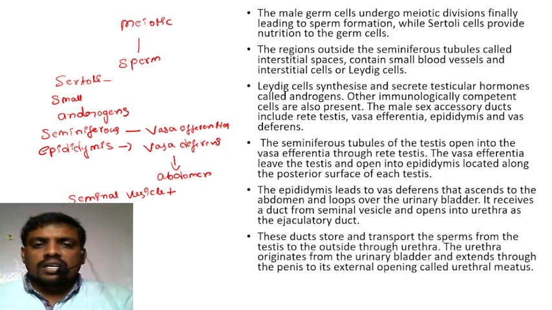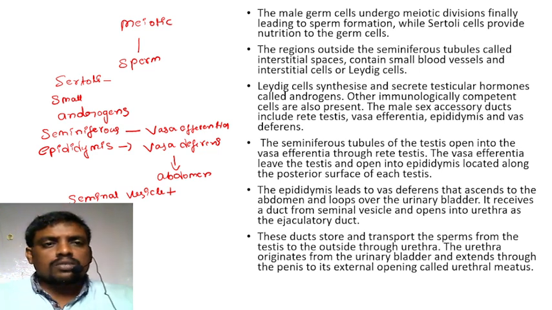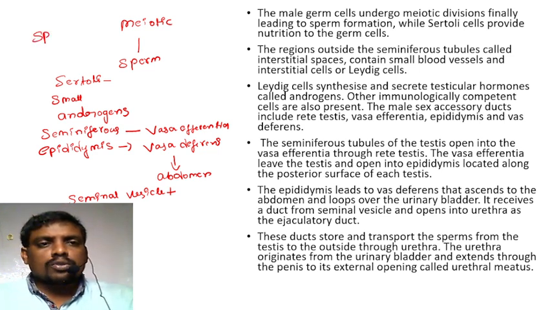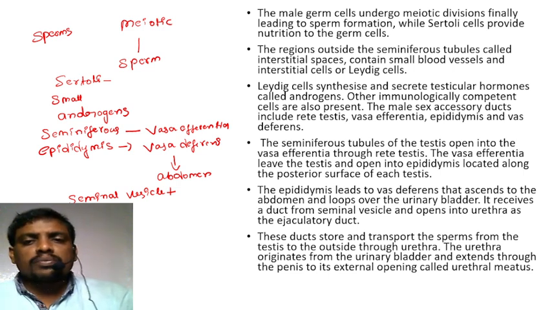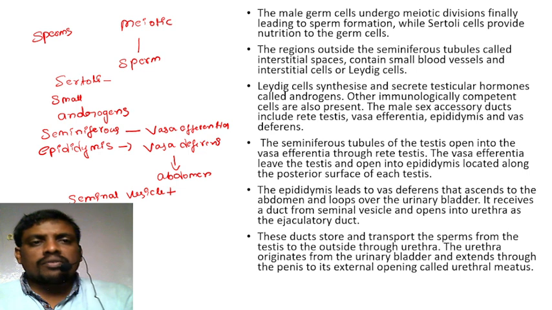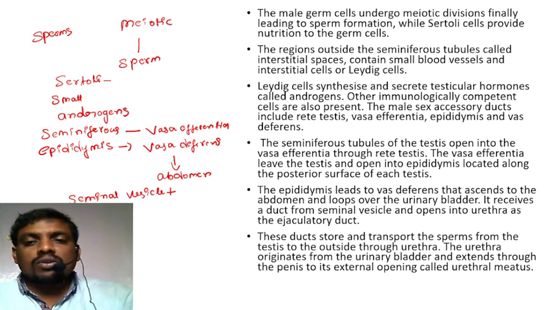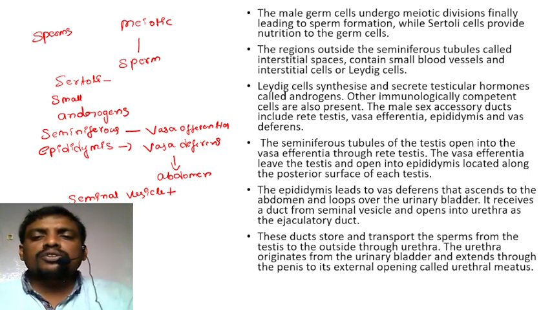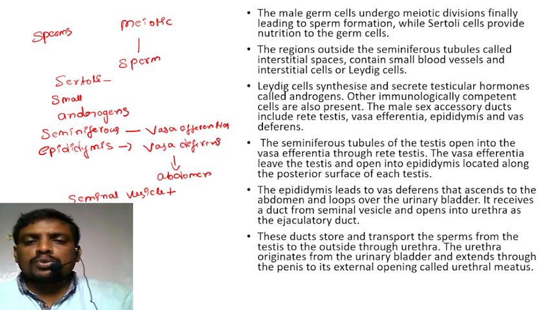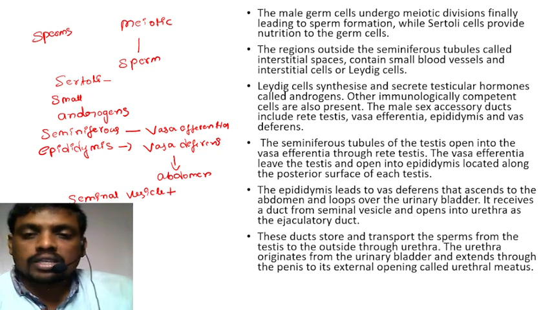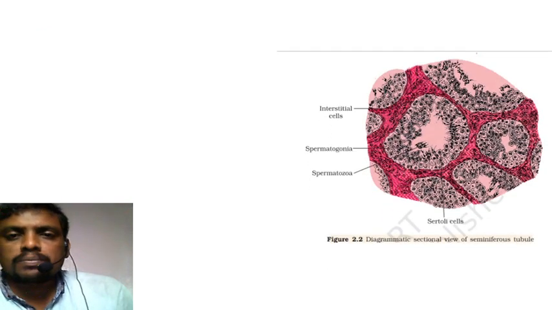These ducts store and transport the sperm cells outside through the urethra. The urethra originates from the urinary bladder and extends through the penis to the external opening called the urethral meatus, which helps to ejaculate the sperms.